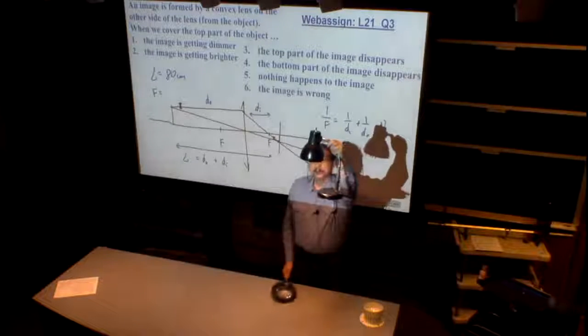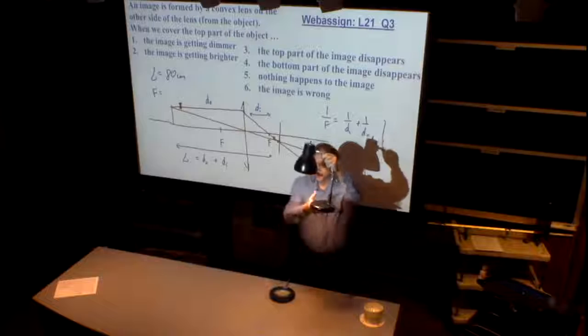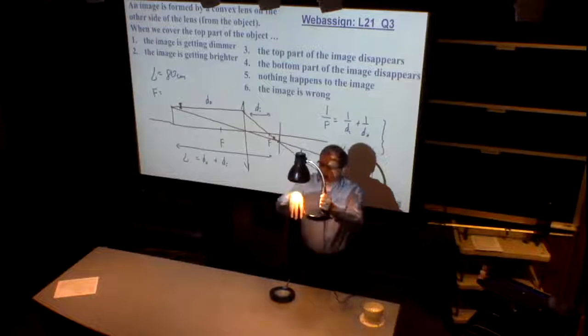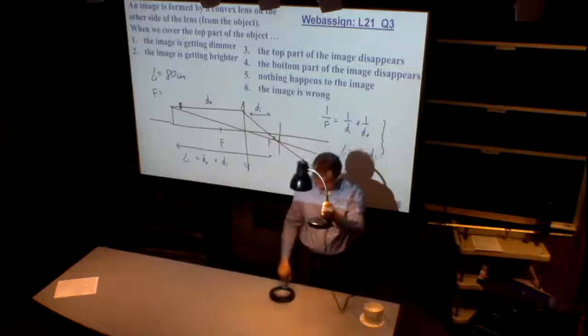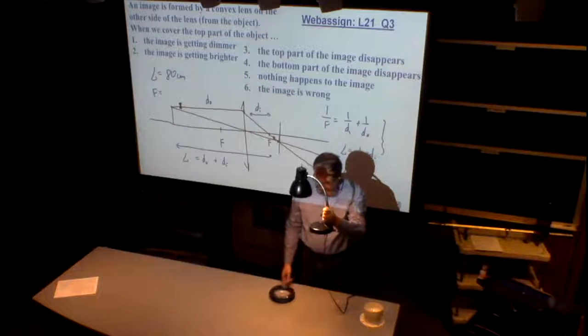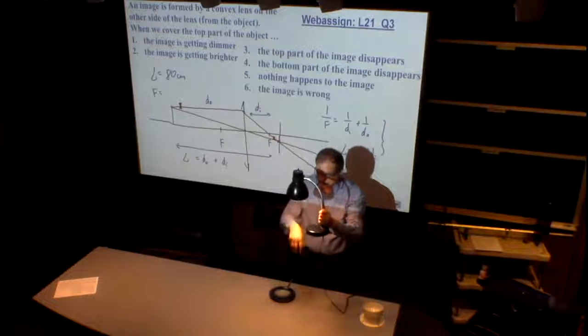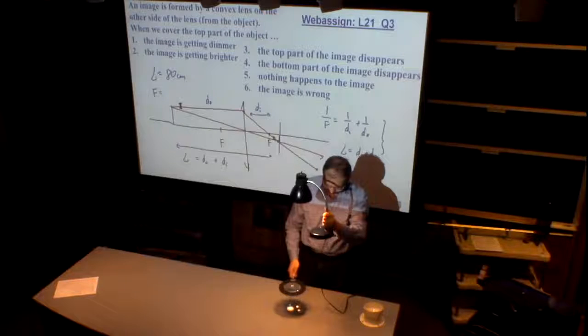Well, this light is very far away, so light traveling from this light is practically parallel to each other. And now all I have to do is just find the distance where this lens makes a sharp image on the bench.